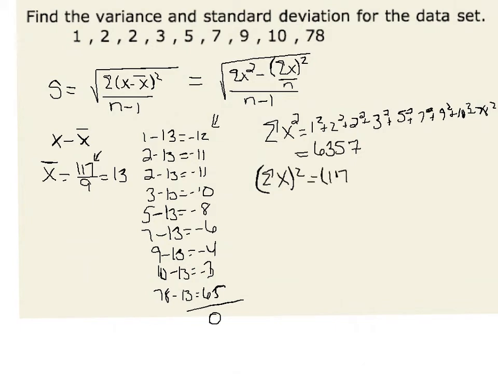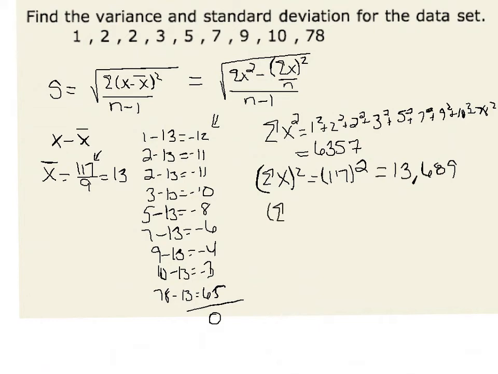Next, we want to take 117 and square it. When we do this, we get 13,689.